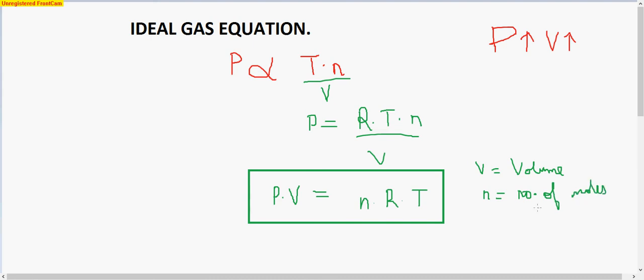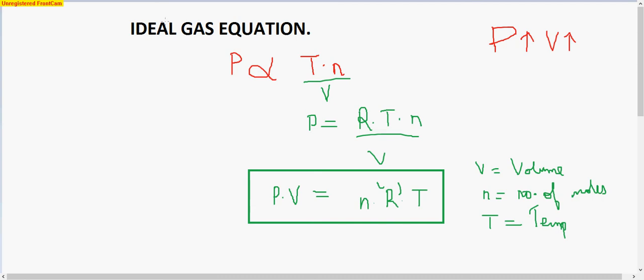If I consider number of moles, the value of this constant R changes if I consider particles instead. We'll get into that a bit more later. T is equal to the temperature.